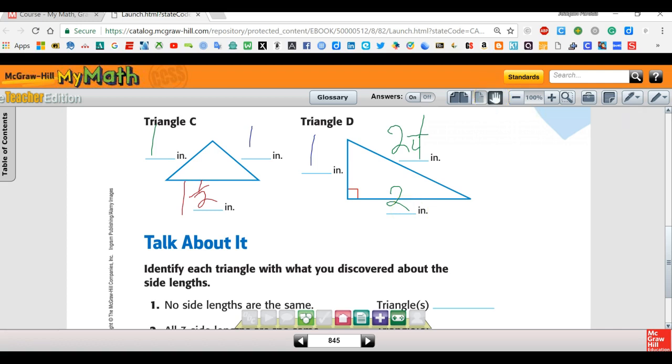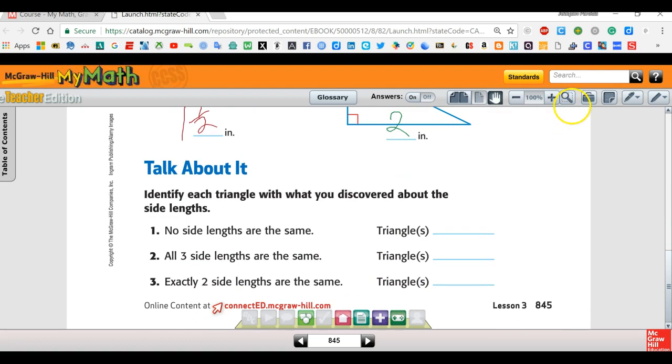So based on those 4 triangles, let's answer the questions. Identify each triangle with what you discovered about the side lengths. So which triangle has no side lengths the same, all the sides different? A, B, C, or D? Yep, that's D. Just D. Which triangles have all the sides of the same length?